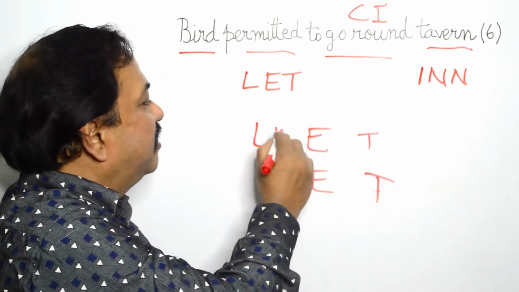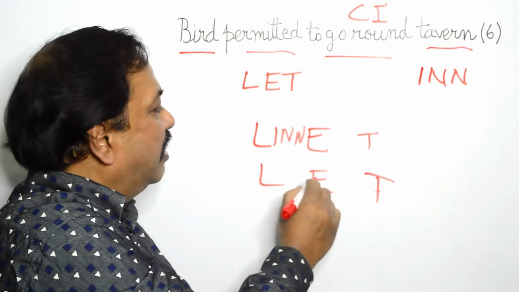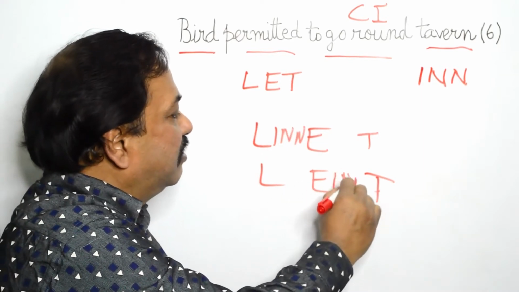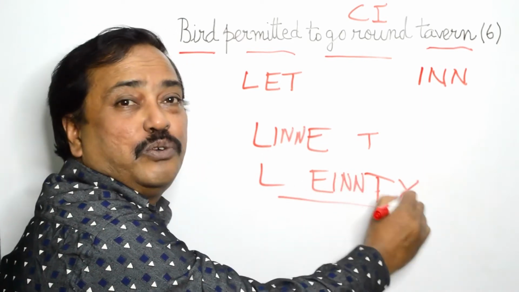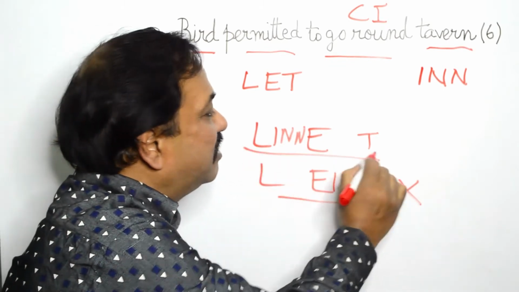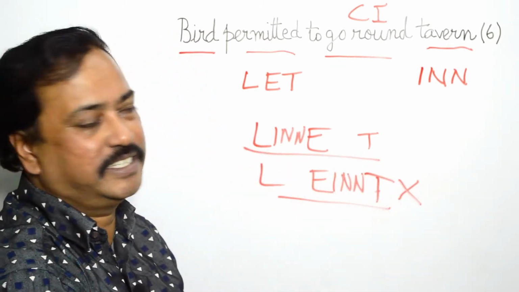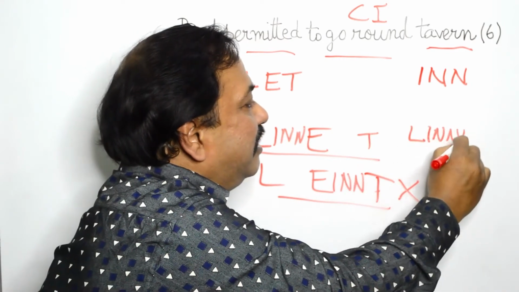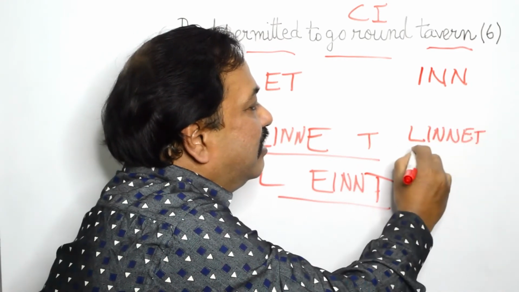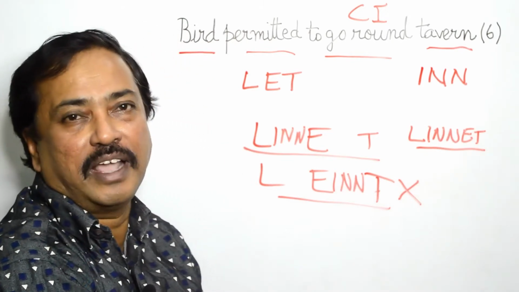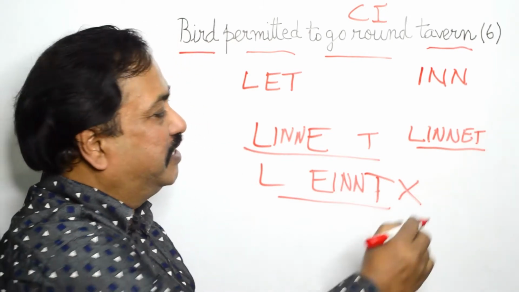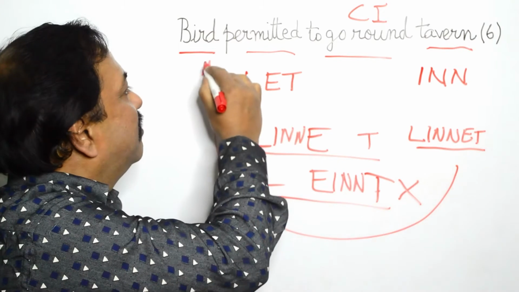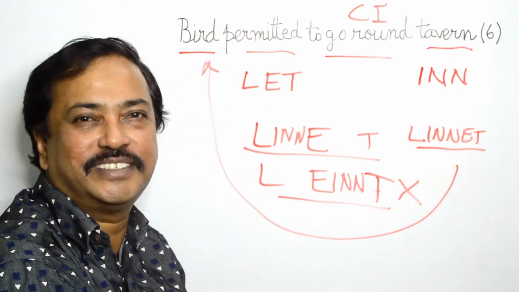Suppose IN is here and suppose IN is here. For this, there is no such word. Yes, we have a word LINNET, L-I-N-N-E-T. And linnet is a bird, and that is our definition.